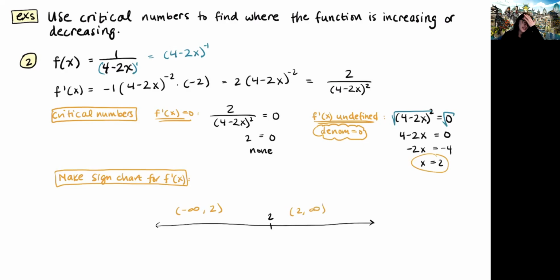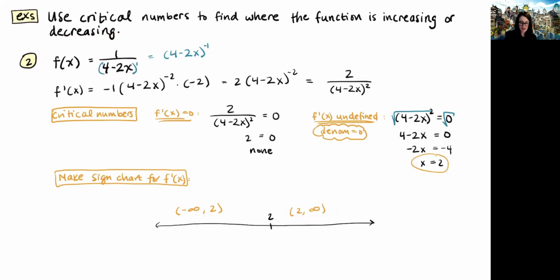Now remember, why are we doing this again? The 2, the critical number, is the only possible point where the original function here could possibly turn around, right? So in finding that place, all we need to do is check on either side of that number what the sign of the derivative is, because that will tell us whether the original function is increasing or decreasing.